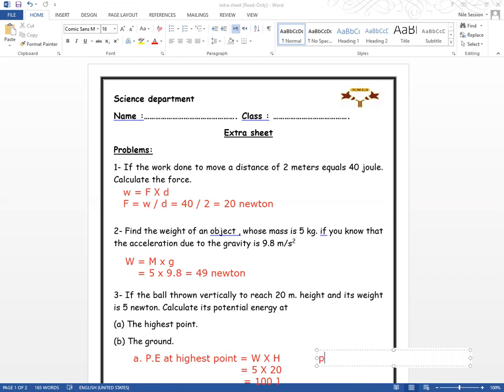So the answer B, potential energy on the ground equals 0.